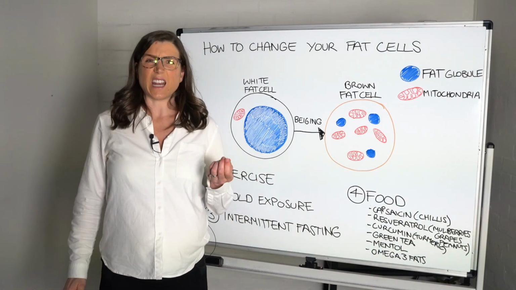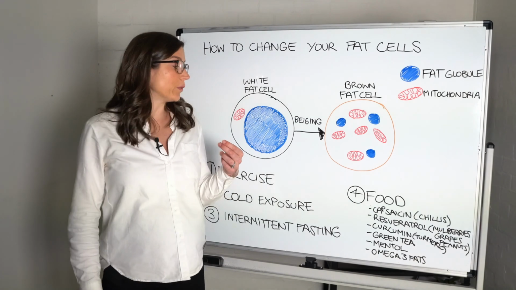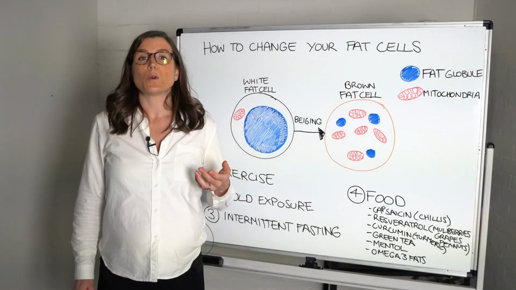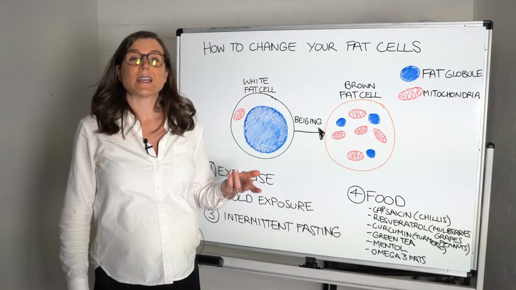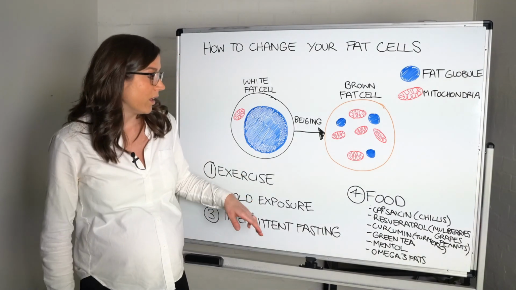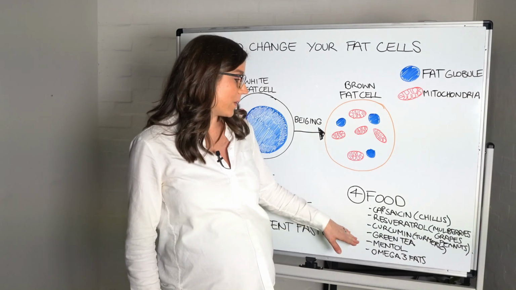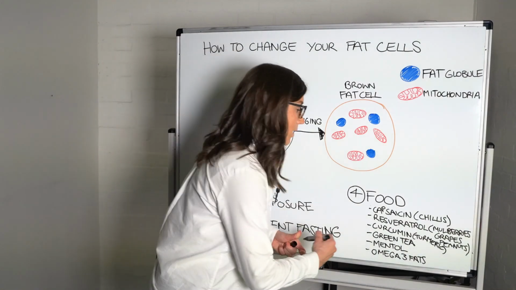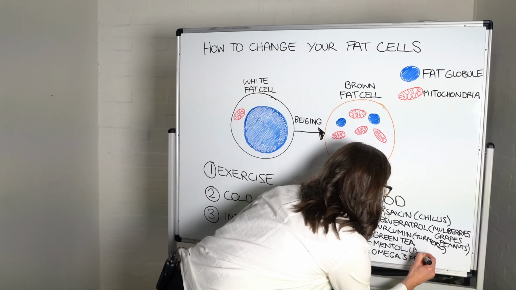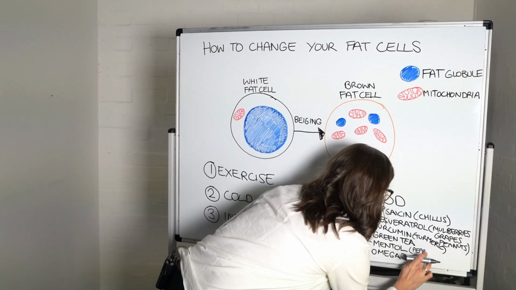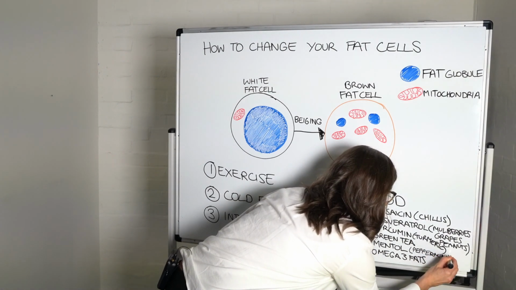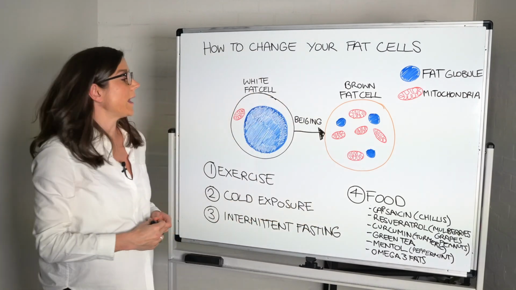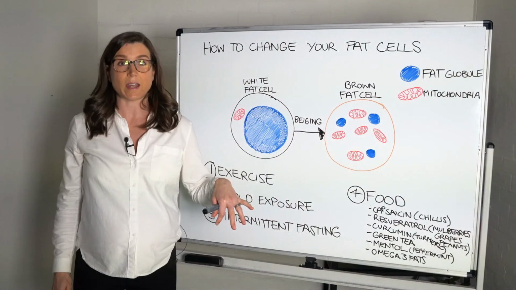So basically you can get an algae supplement, or from sea vegetables or walnuts, flax seeds, chia seeds and hemp seeds. So these foods have been the most studied, and have been shown to promote this beiging effect.